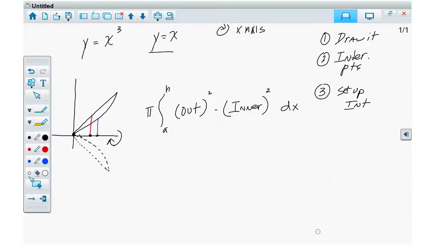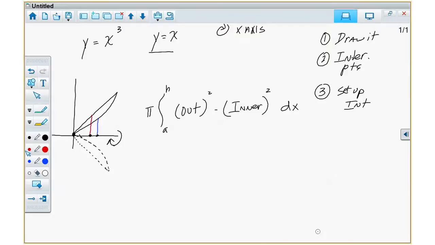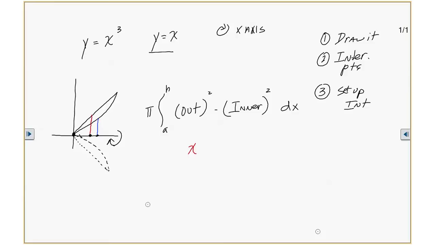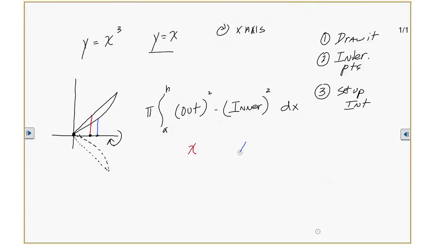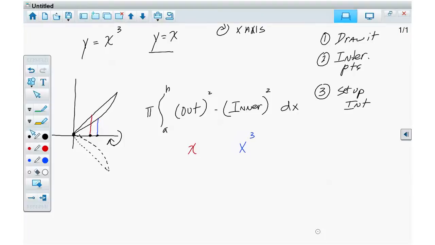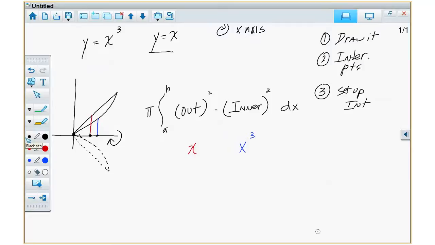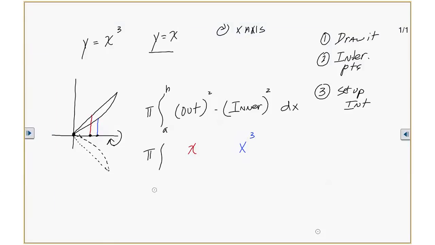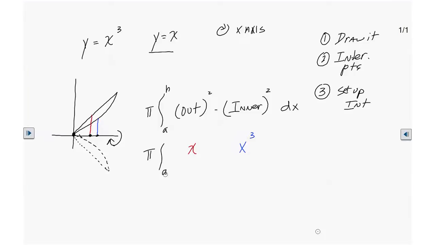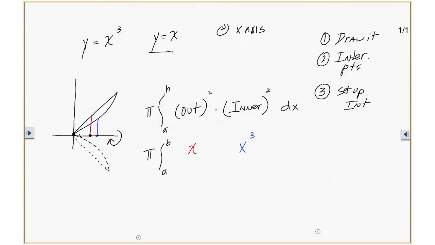So I'm going to take my red marker and put X right there, and my blue marker and put X cubed right there. And then I'm going to fill in the rest, and I'm going to let y'all do the problem. Because there's still something I haven't done up here, but you need to do, and I need to do, and that's find the intersection points.